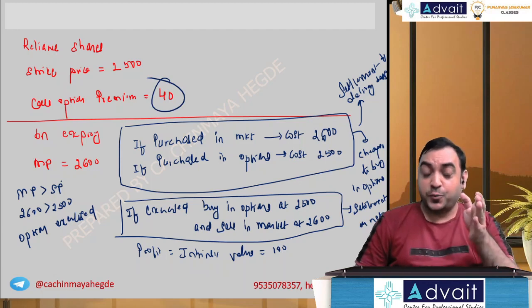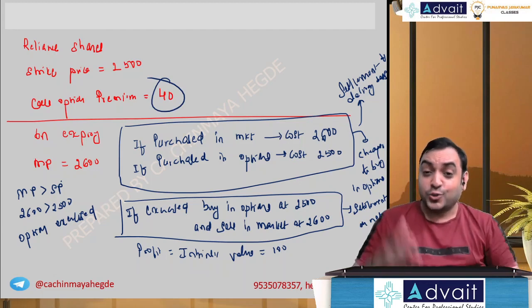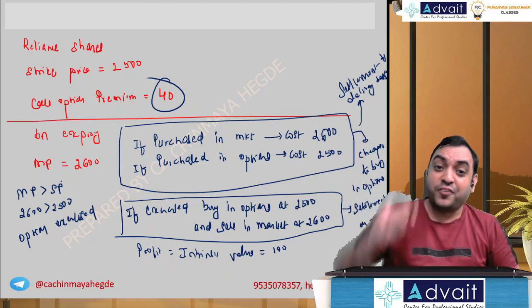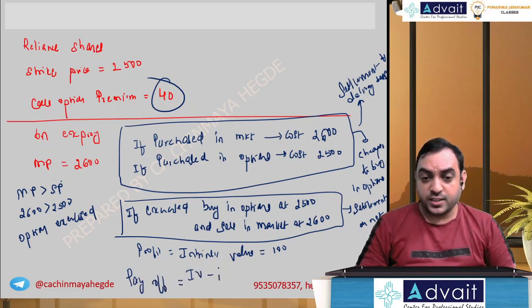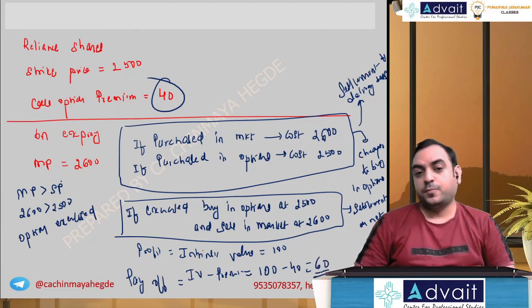You paid this 40 rupees today so that you are expecting some profit on expiry date, 100 rupees. That is payoff equals intrinsic value minus premium. Payoff: intrinsic value 100, premium 40, you get a benefit of 60 rupees.